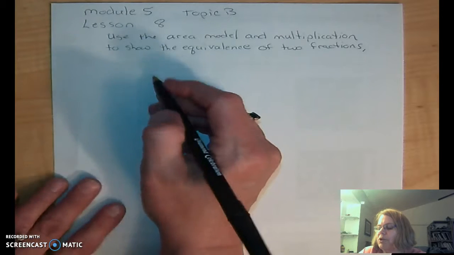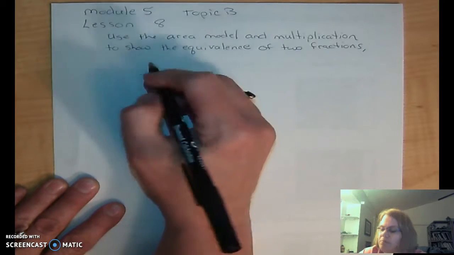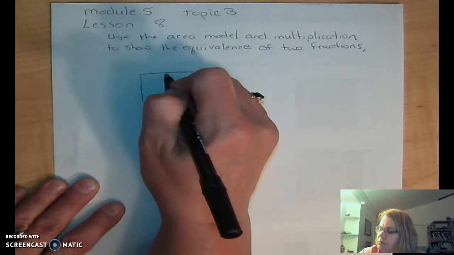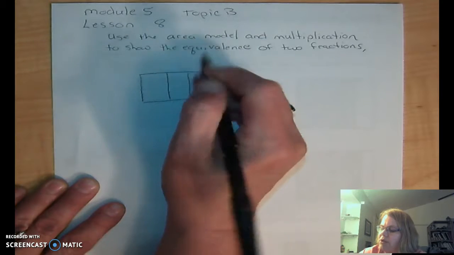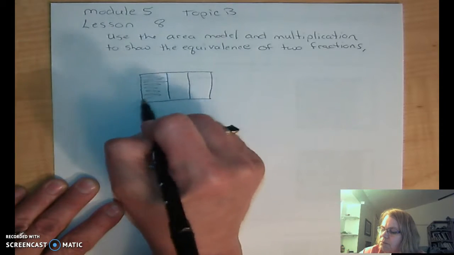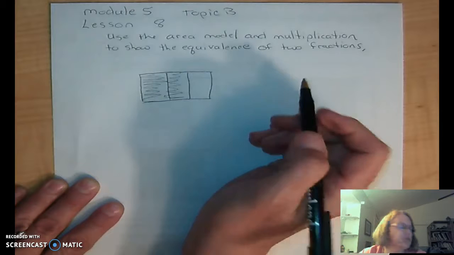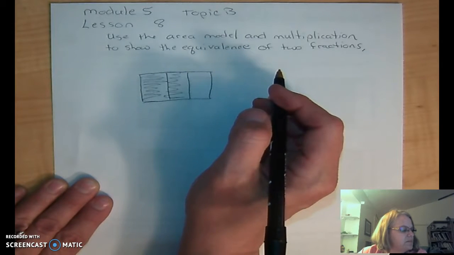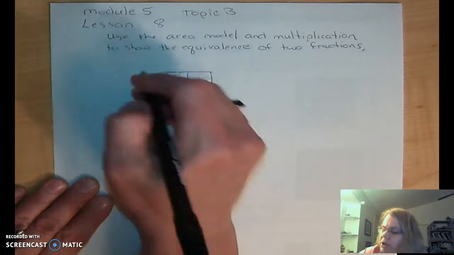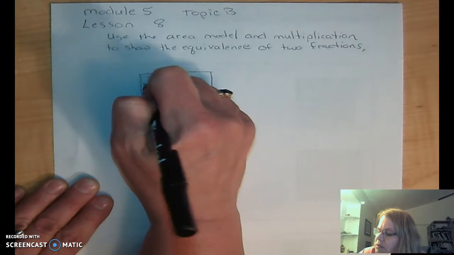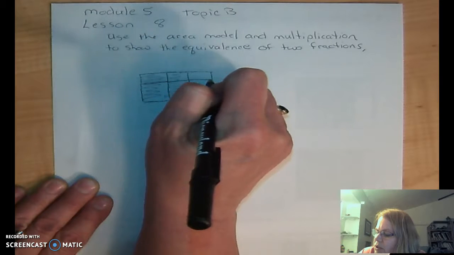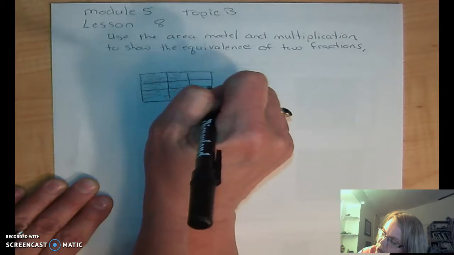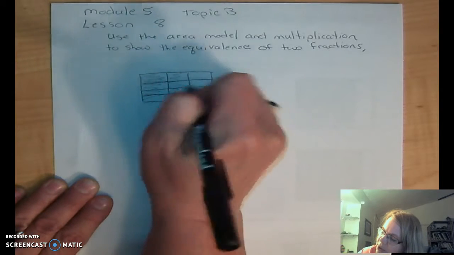So we're going to draw an area model that has 2/3. So this area model shows 2/3. Okay. Now, we're going to draw 3 horizontal lines across. 1, 2, 3.